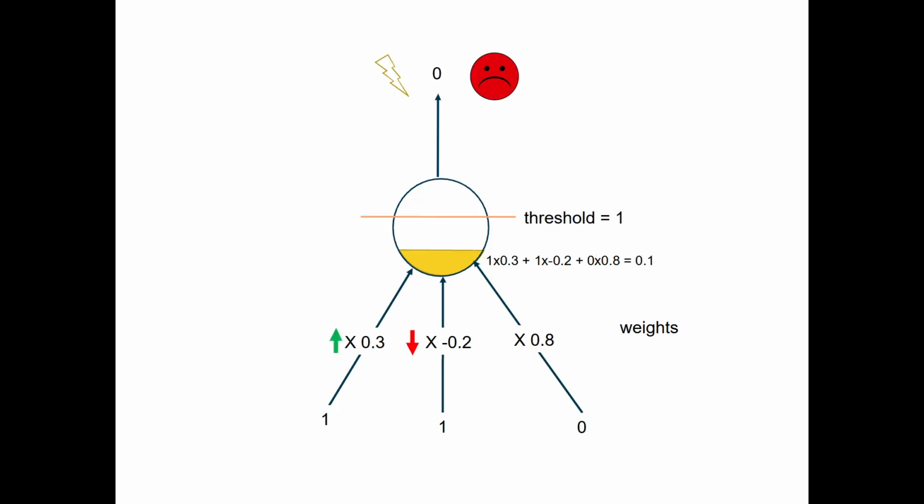Now let's look at this and see if we had slightly increased this weight, this multiplier, and slightly decreased that one, the error would have been less significant. If we recalculate, let's say we replace 0.3 with 0.4 and minus 0.2 with 0.1, here we redo the calculation and we find 0.3.